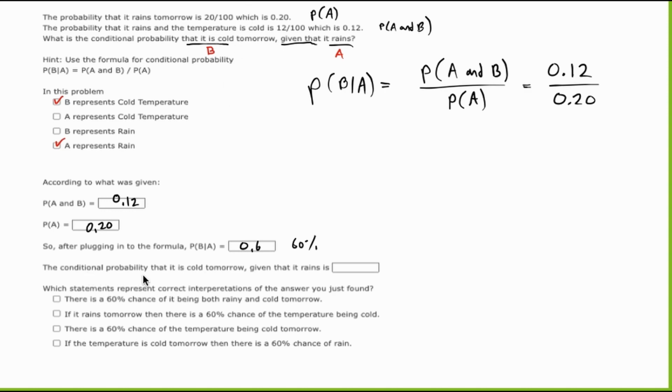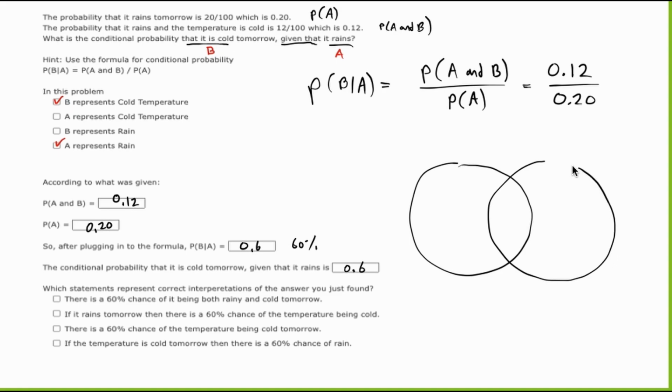And let's see, conditional probability that it's cold given that it rains, 0.6. So what does it mean? There's a 60% chance of it being both rainy and cold. No, because if you look at the Venn diagram, you've got your A, and you've got your B. So A was rain.